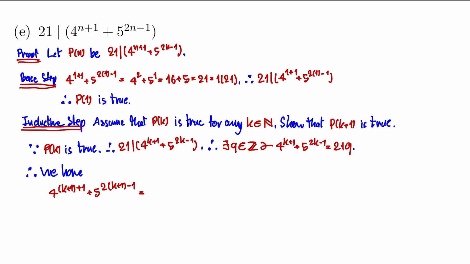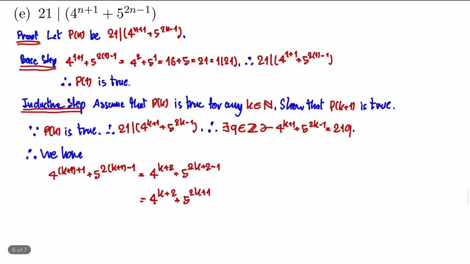Okay, so we're gonna have 4^(k+2) + 5^(2k+2-1), and then we've got 4^(k+2) + 5^(2k+1).